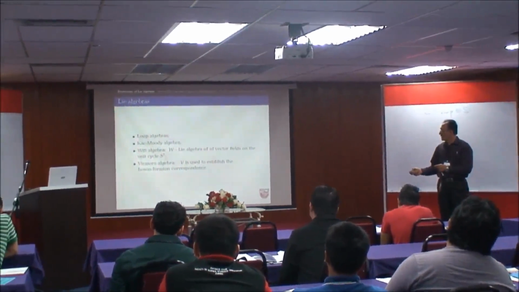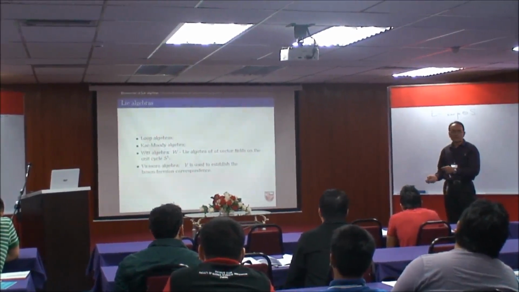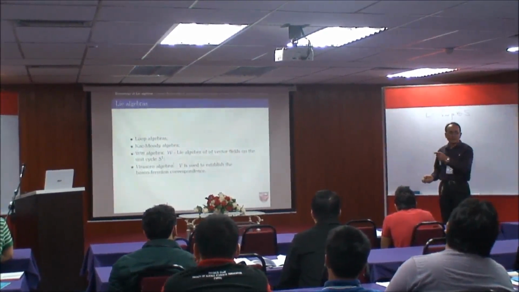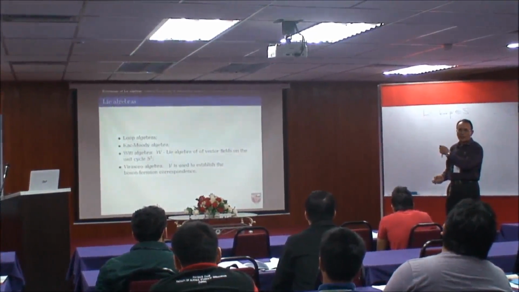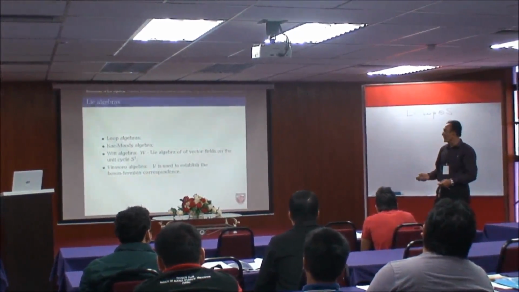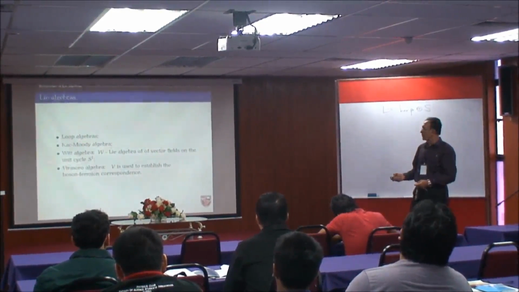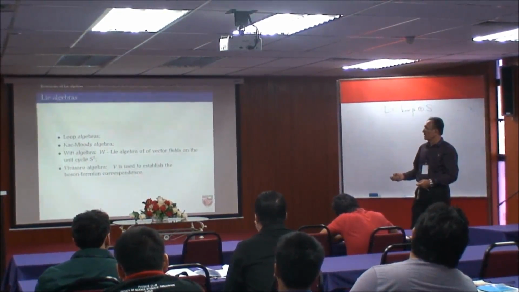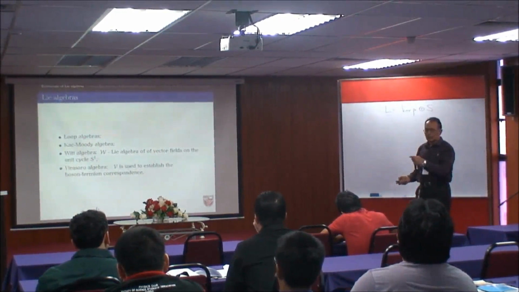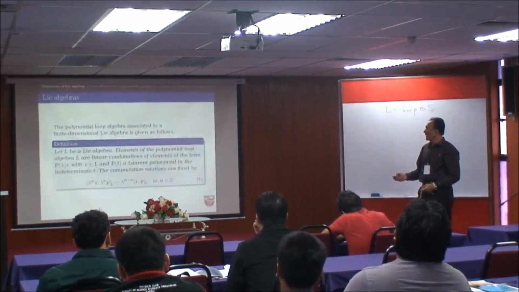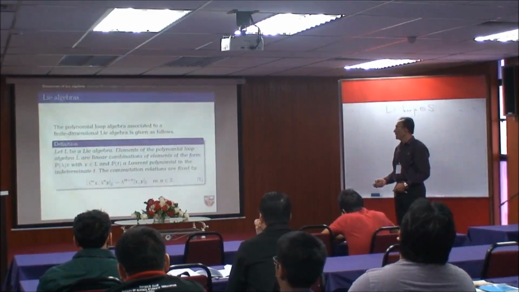Why I bring these examples, names, is because they are closely related to extensions. See, Kac-Moody algebra is an extension of loop algebras. Virasoro algebra is an extension of the rational algebras. It is proven. Okay, so what's the loop algebra?